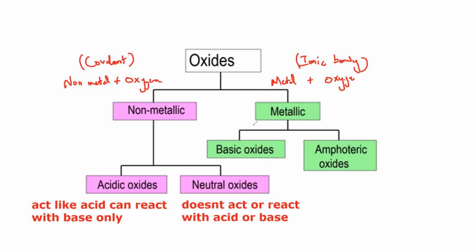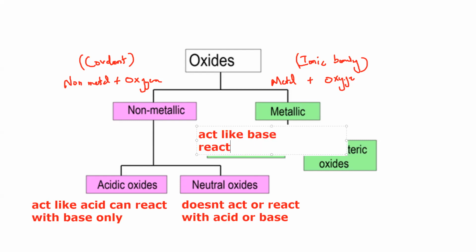Whereas metal oxides are divided into two categories, basic oxide and amphoteric oxide. What is the meaning of basic oxide? Basic oxide means it acts like a base, and it can react with acid only.